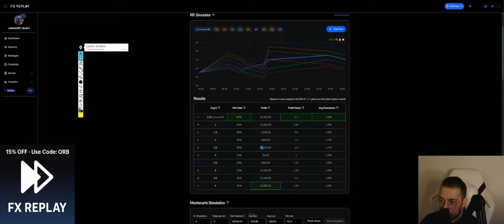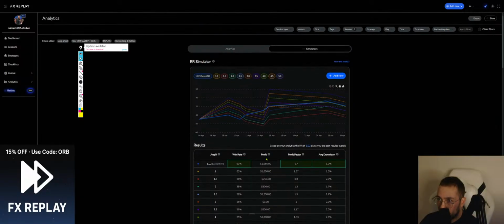Funny, 2.5R has more profit. Interesting. I don't think that's accurate though. I don't know the metrics behind this, but I think this works way better on forex pairs rather than futures. It's more accurate on forex.